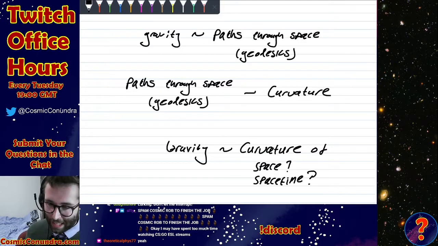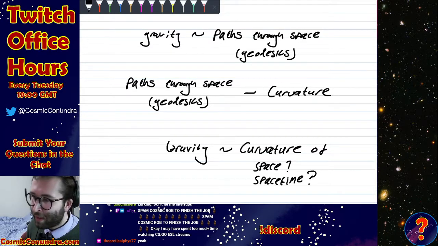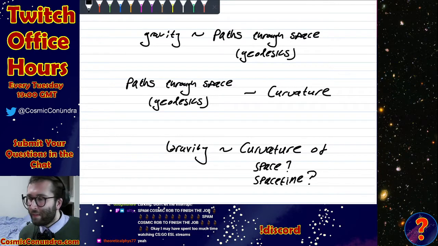Interestingly, when you take the Newtonian limit of your general relativistic equations, the most important part is actually the timey component, not the spacey component. So Riemann was not quite right in thinking about gravity as curvature of space.